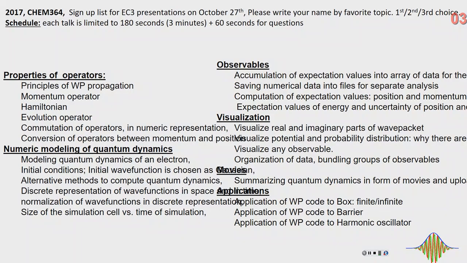The subject of presentations: the code for propagating a non-eigenstate of a quantum system. And right now, we are doing it last Wednesday, this Wednesday, and next Wednesday. Although the code is longer than things that we did before, it is not very long.